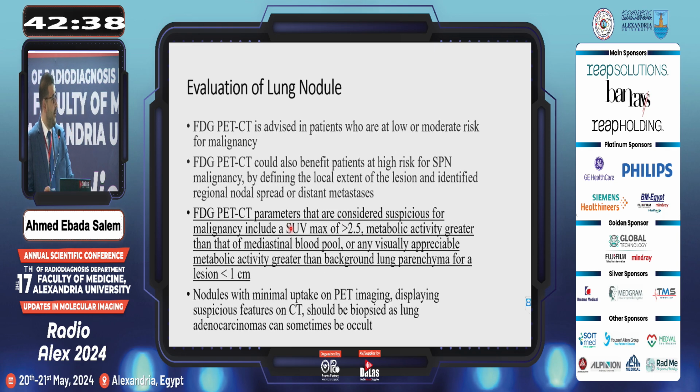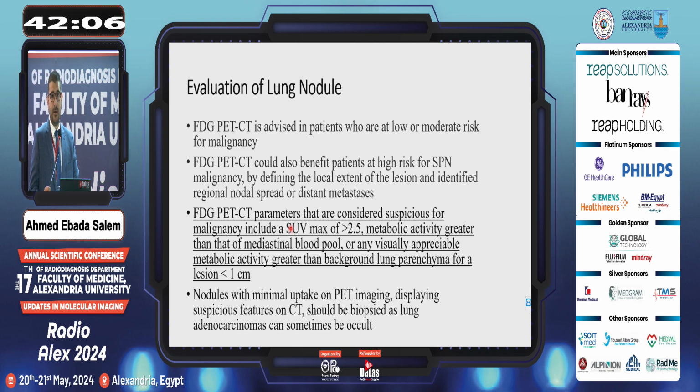So PET-CT is advised in patients who are at low or moderate risk of malignancy. It can also be beneficial in high-risk patients for the local extent of disease if it turns out to be cancer, as well as staging. FDG PET-CT parameters include any SUV max above 2.5, metabolic activity greater than the mediastinal blood pool, or, if the nodule is less than 1 or 0.8 centimeter, any activity is considered concerning.